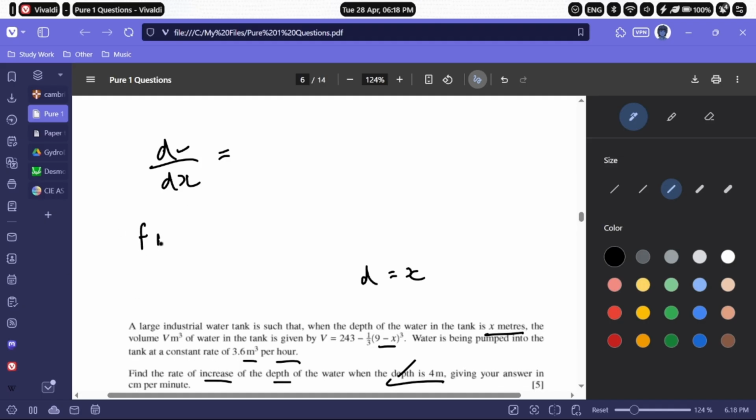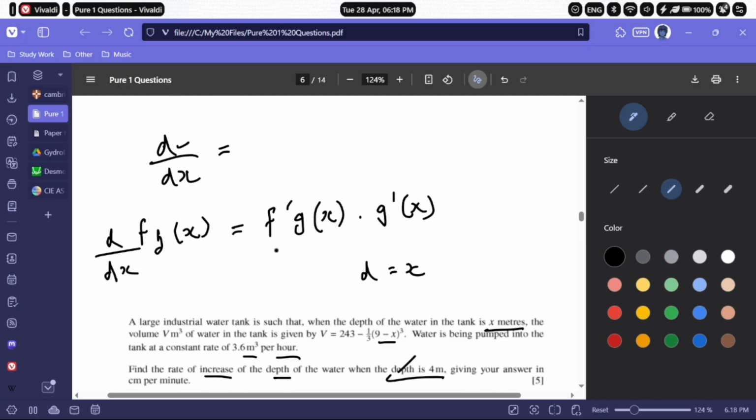If you have a composite function like f of g of x, and you're differentiating it, the derivative would be f prime of g of x times the derivative of the inner function.